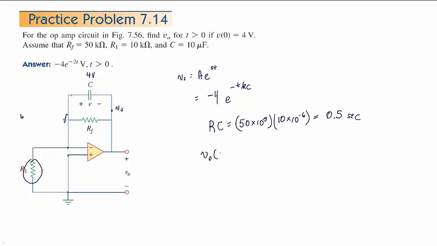So V out as a function of time equals -4 e to the minus 2t. That was the only real trick to this problem, but otherwise it was a problem by inspection. So it didn't really have anything to do whatsoever with the op amp, so instead I will show you what an integrating circuit does.